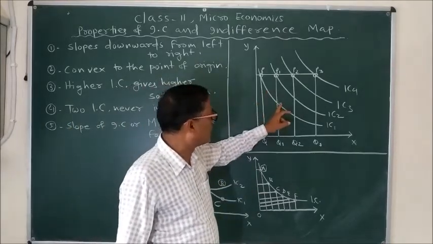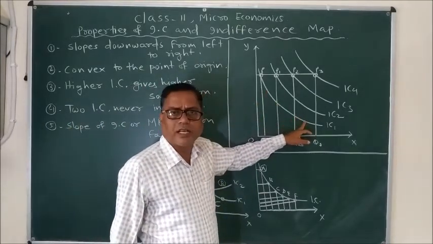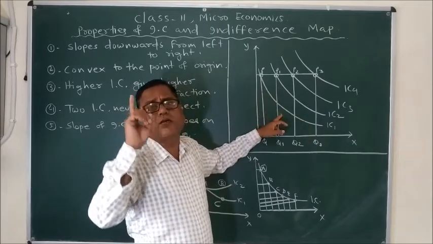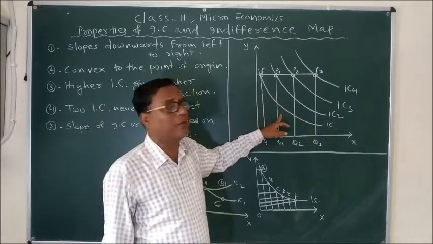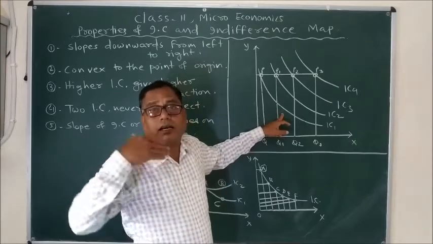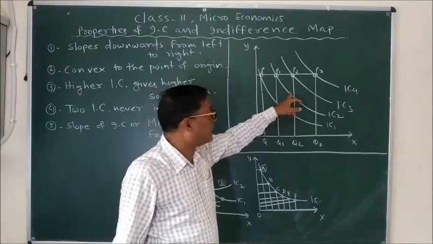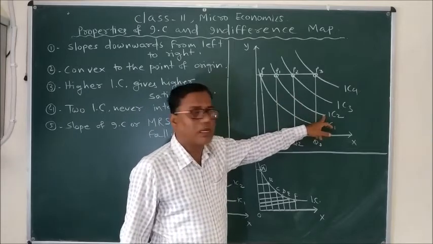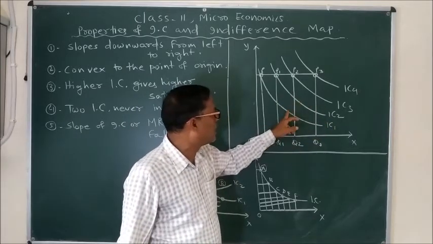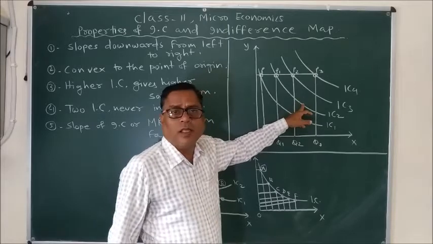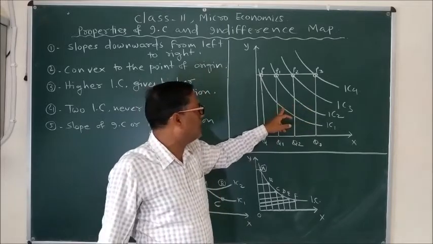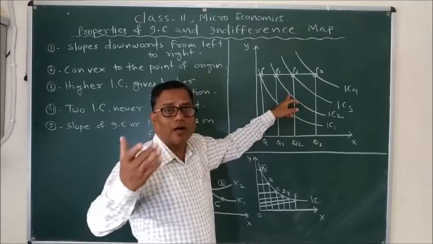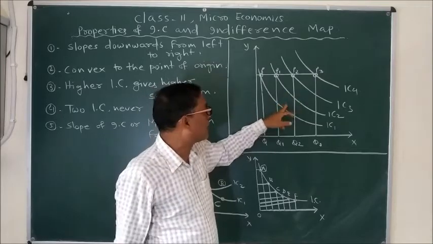Suppose points A, B, C fall on IC1, then A, B, C would give an equal amount of satisfaction to our consumer. But consider another combination that represents D, and D lies on indifference curve 2. Then of course you can see from the diagram that indifference curve 2 is lying rightward or above indifference curve 1.